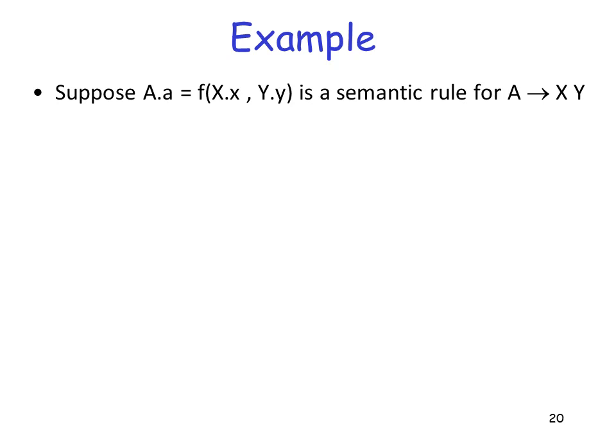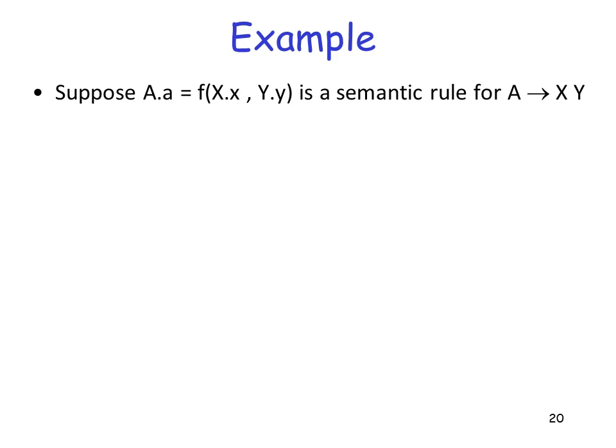A is having attribute a, small letter a. It is actually computed from its x and y children. That is, for the production A gives xy, capital A is having a small letter a, which is considered as the attribute of capital A, and small letter x and small letter y are considered as the attributes for x and y.